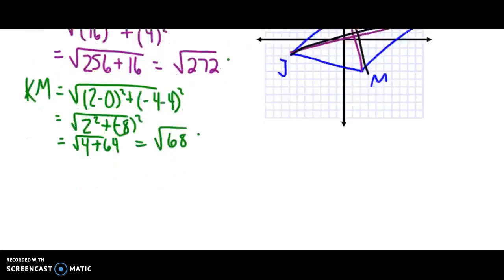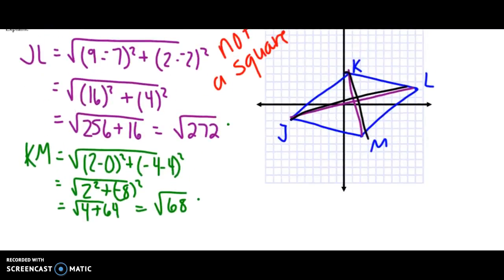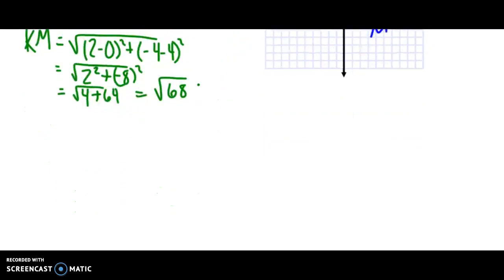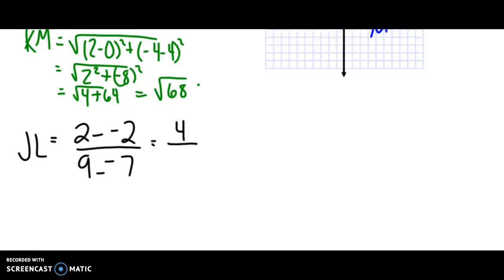Okay, so I'm going to find the slope of JL. Remember, y2 minus y1 over x2 minus x1. That would be 4 over 16, which is 1/4.